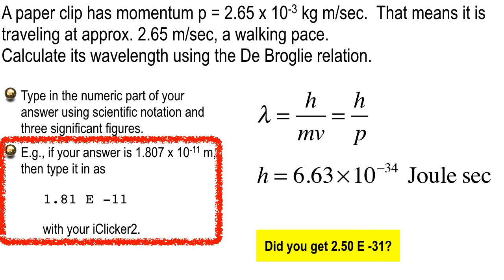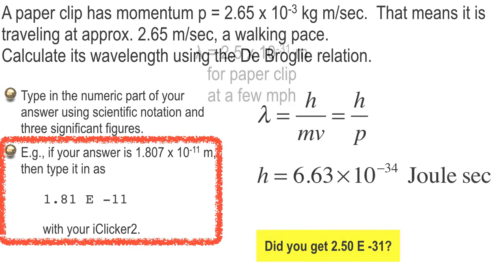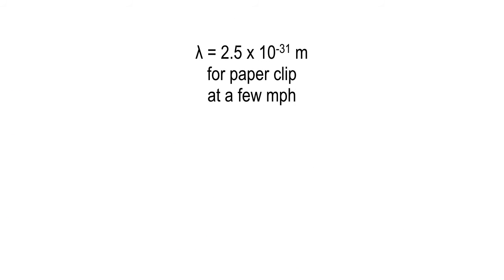There's some people with spaces. Now, when I grade this, I'm going to be pretty generous, but you definitely want to make sure you know how to handle scientific notation for the final.